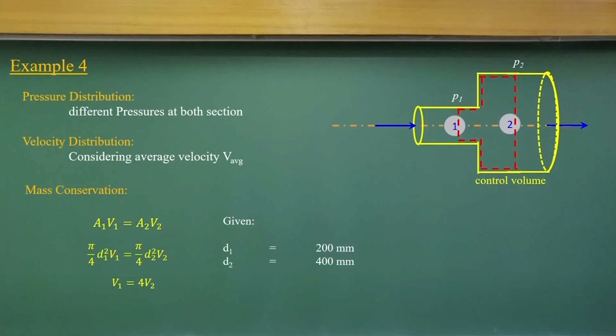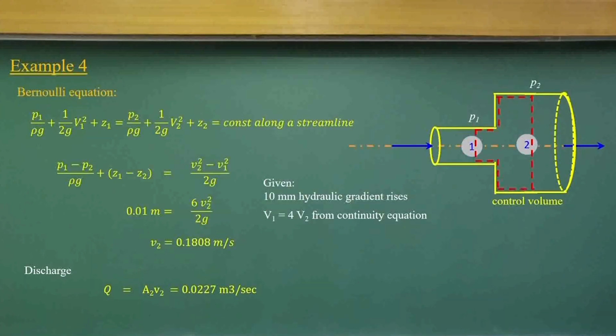So, you have the mass conservation equation, considering the average velocity, not considering the kinetic energy correction factors. As you know, A1 V1 equals A2 V2; substituting these diameters we can get a relationship between V1 and V2, and then I will substitute into the Bernoulli's equation along these streamlines.